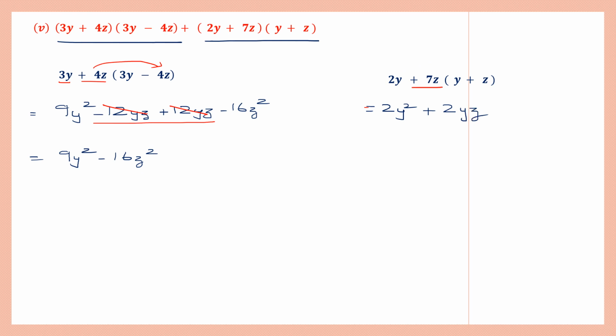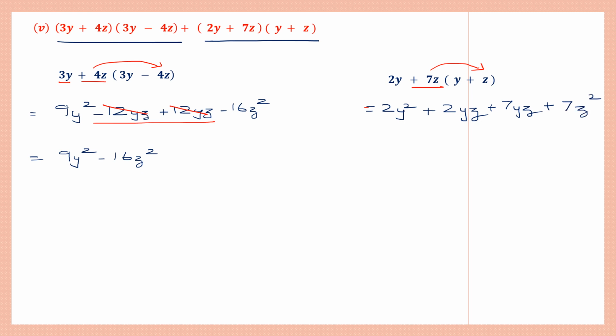Next we multiply plus 7z into y. So the sign is plus. The number is 7. Z into y is zy or yz. Next, we take plus 7z into z. So we multiply these two. The sign is plus. 7 is the number. Z into z is z square.